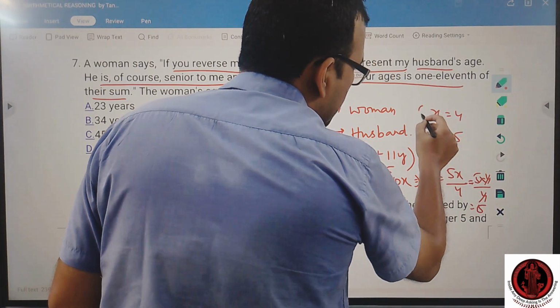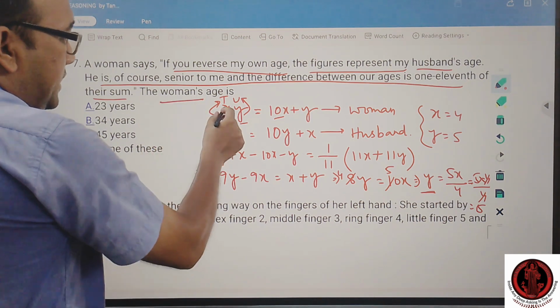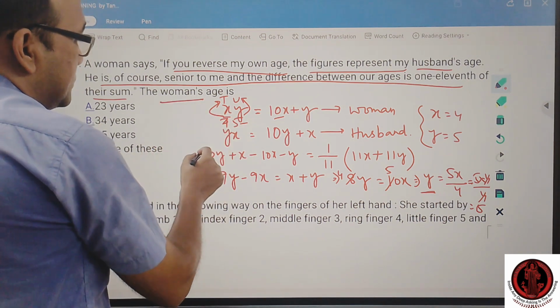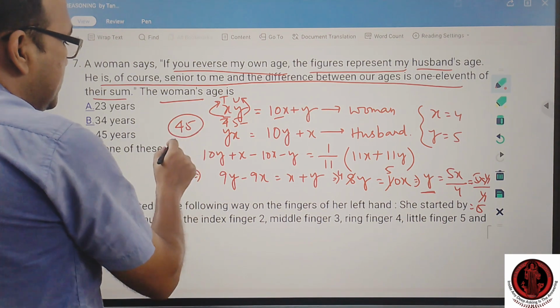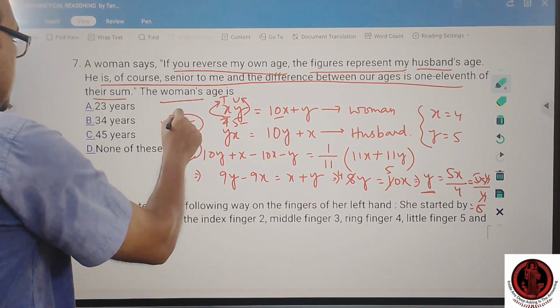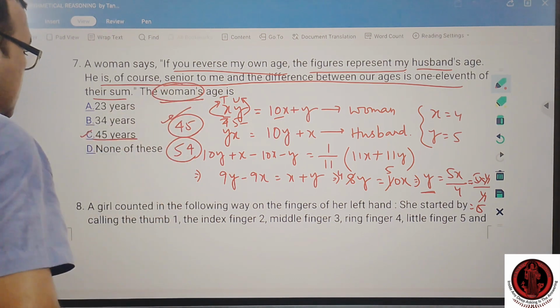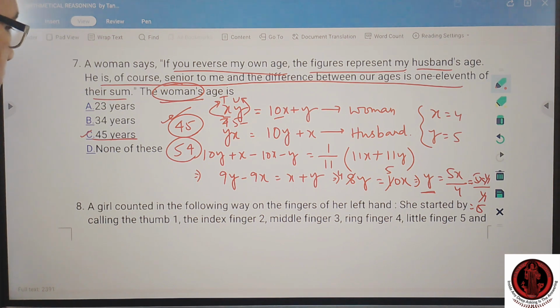So if x equals 4, then y equals 5. So the age of the woman is 45 and the husband's age is 54, just the reverse. So the answer is 45, the woman's age, that is the question. So the answer is option C, 45 years.